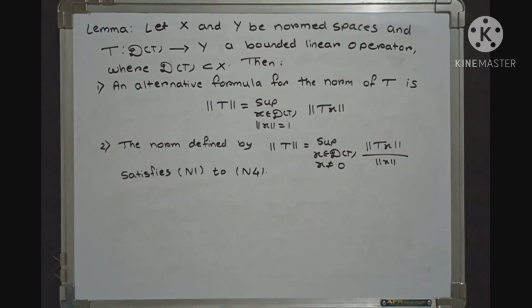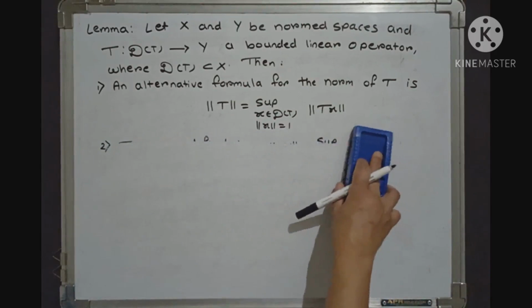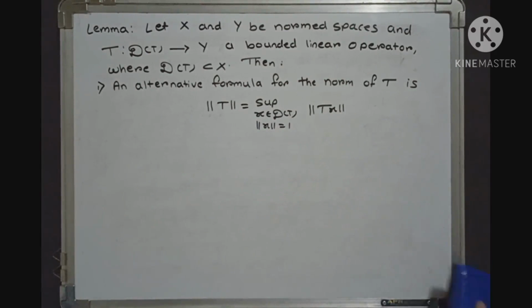So firstly we prove the first one, that the alternative formula for the norm of T is the norm of T equals the supremum over x belonging to D(T), norm of x equals 1, of the norm of Tx. That is what we have to prove.